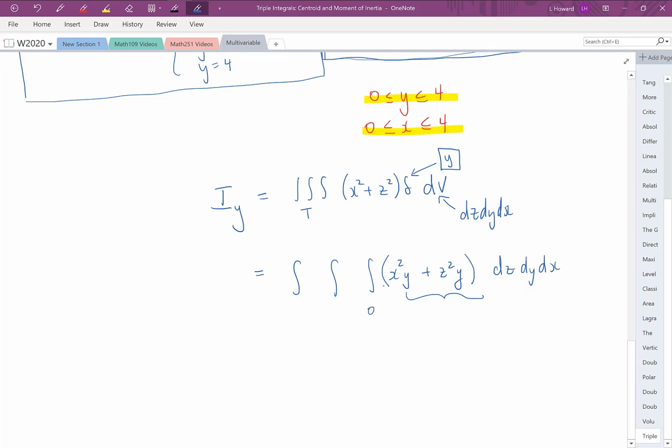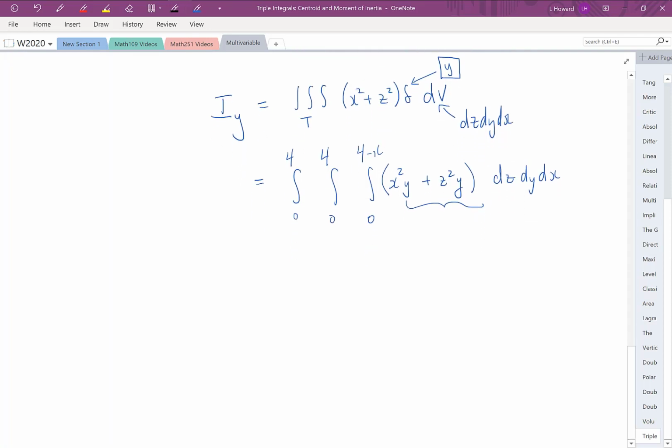So we said z was going from 0 to 4 minus x, and we said that both y and x were going from 0 to 4. So if the problem were just to set up a triple integral for I sub y, we would be done. But we're actually going to practice the concept of triple integration here to finish off the problem.